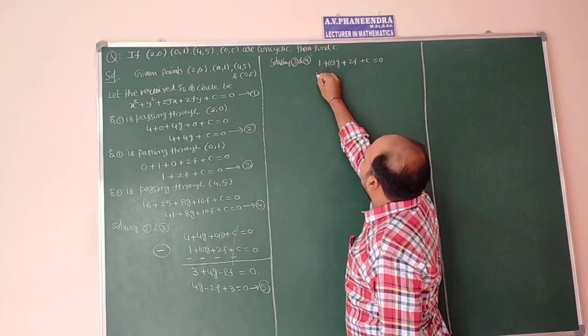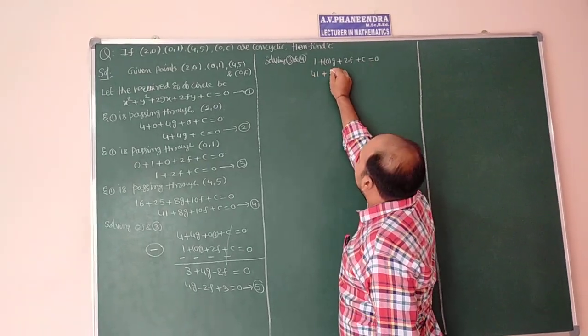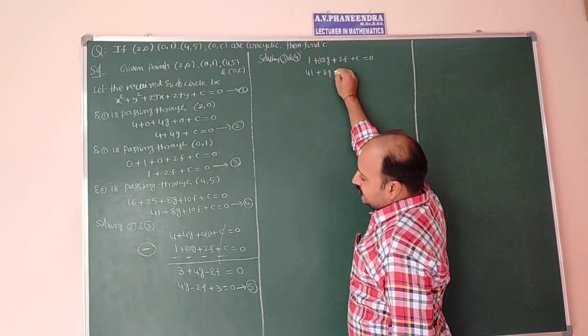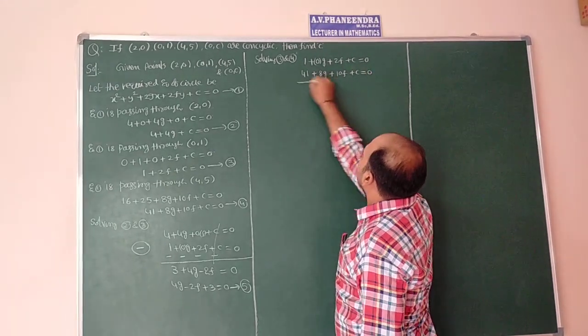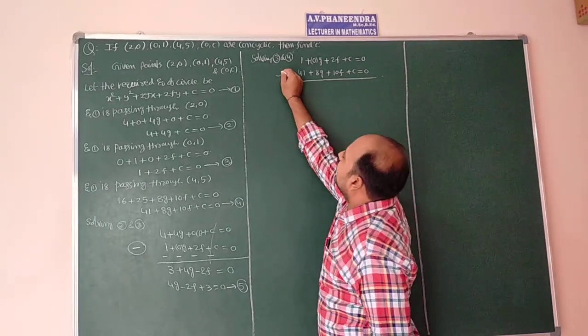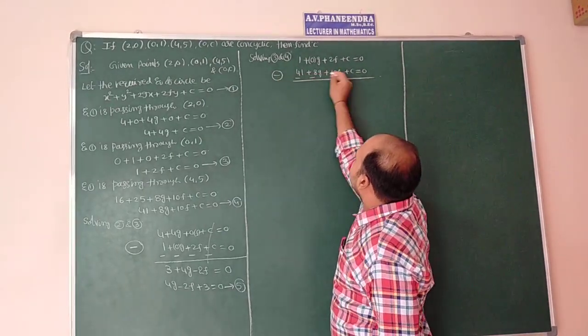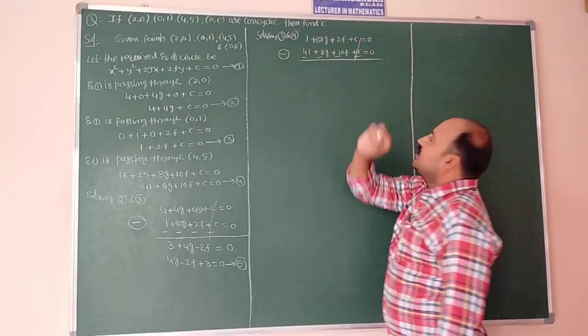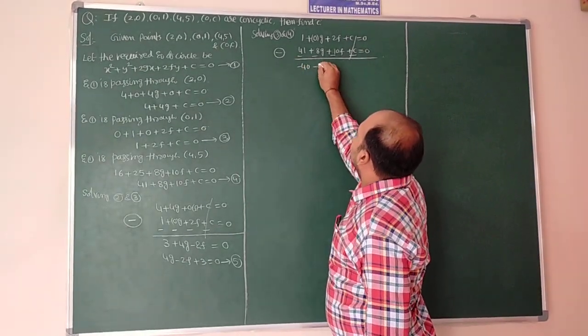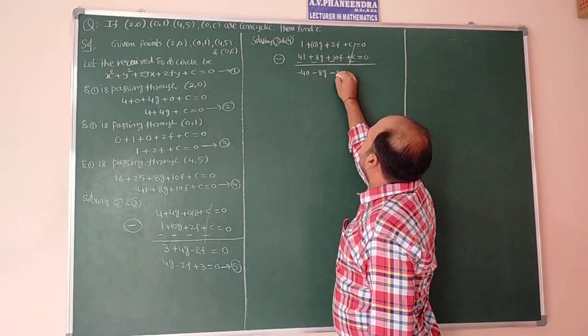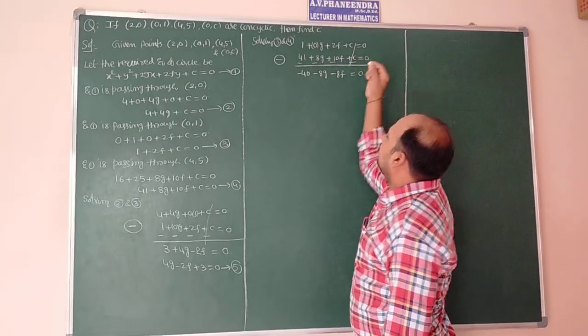In the fourth equation, 41 plus 8g plus 10f plus c equal to 0. Subtracting, sign change again here also. Minus, minus, minus, minus. Plus c minus c get cancelled. Minus 40 minus 8g minus 8f is equal to 0.